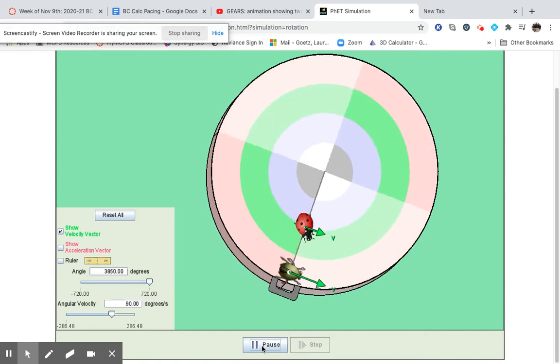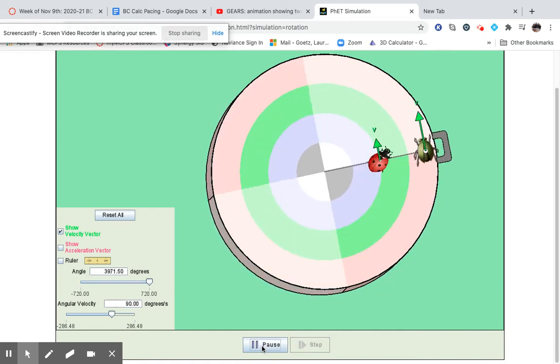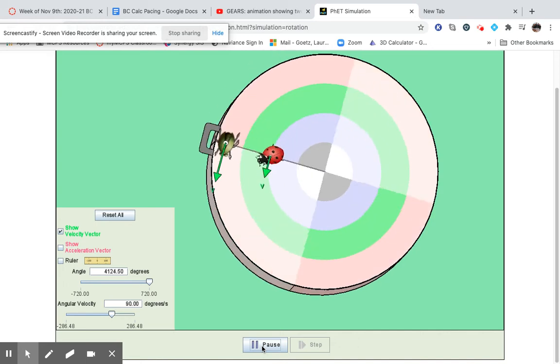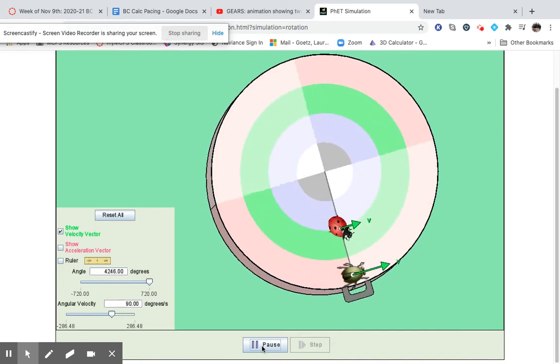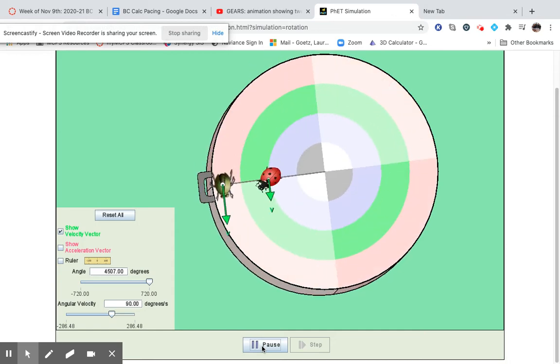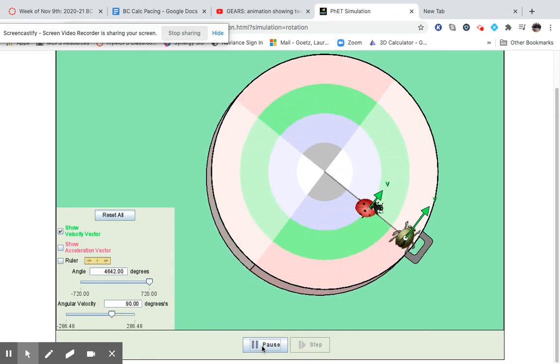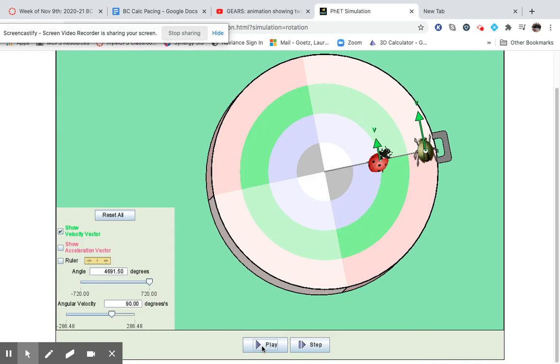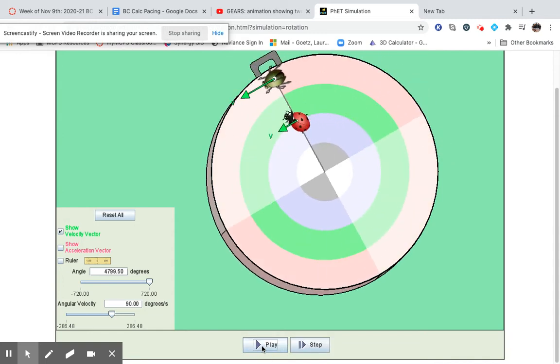And as I keep going, notice that the beetle has a larger arc than the ladybug to travel, but they're traveling through the same angle at the same time. So if I pause it there, and then I go 1 second, they both traveled 90 degrees.